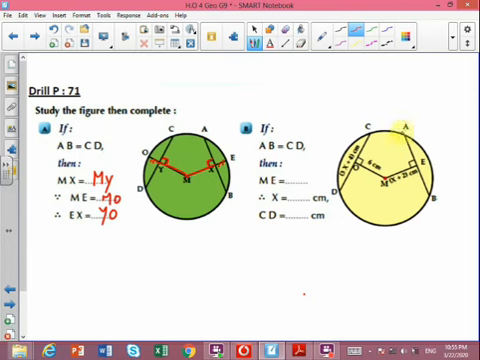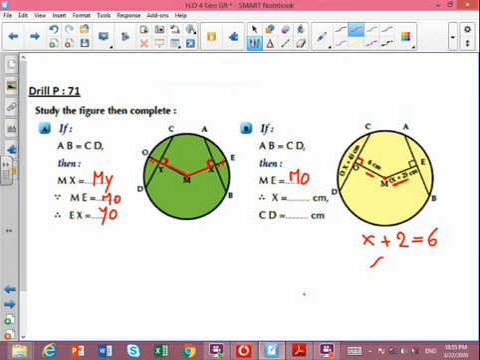Here AB equals CD, that means that CD and AB are 3x plus 4. He wrote the length here. Then ME equals what? Excellent, equals MO, because these are perpendicular. I want to get X. Anyone could tell me how to get X? I told him that ME equals MO, so X plus 2 will equal 6.